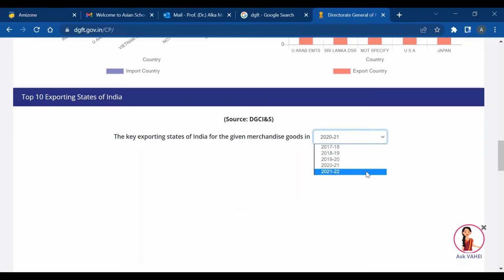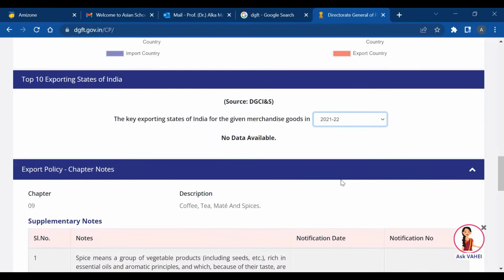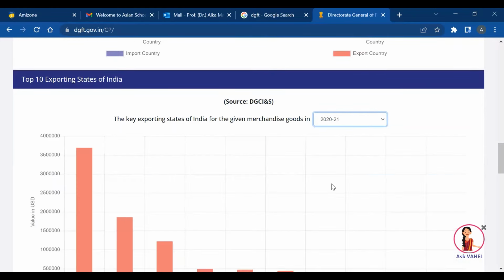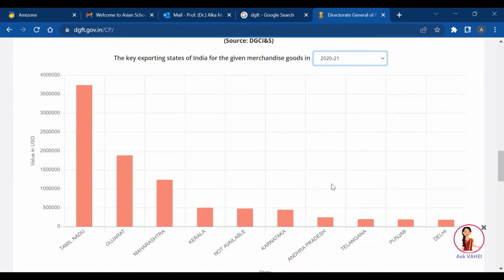In this section, we can get information on the major exporting states of India. So in 2021, we can see that pepper was majorly being grown in Tamil Nadu, Gujarat, Maharashtra, Kerala, Karnataka, Andhra Pradesh, and so on.